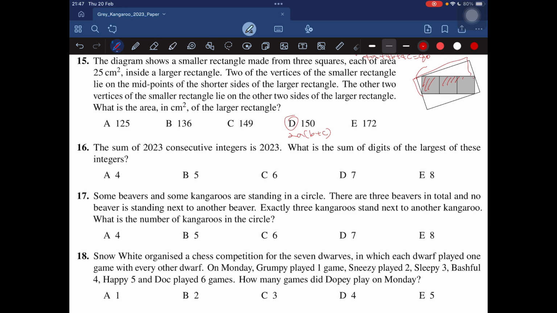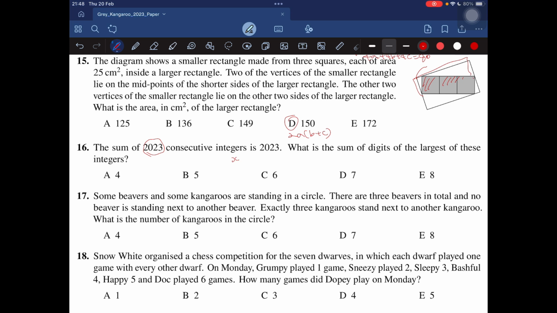And number 16, the sum of 2023 consecutive integers is 2023. Find the sum of the digits of the largest of these integers. Usually when there is an odd number of consecutive integers, let me put x at the center.